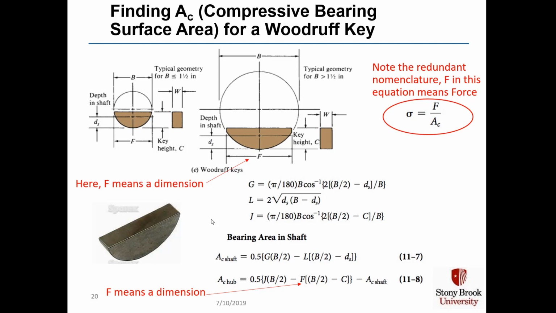The bearing area in the shaft A sub C is a different number than the bearing area in the hub, because the bearing area in the shaft is here. That's what I'm showing you with my mouse. And we have the bearing area in the hub is up here. And you don't get the same number. And that's why these 2 formulas here, using these complex constants that we have to calculate, are not the same.